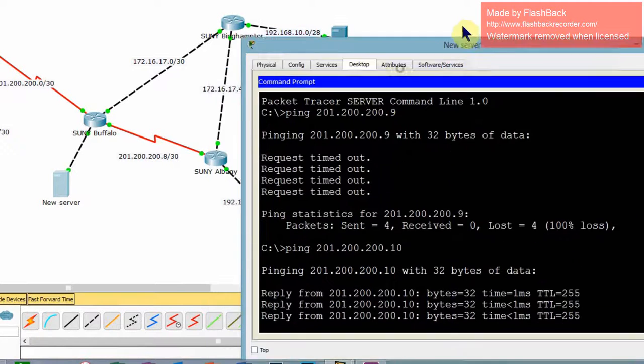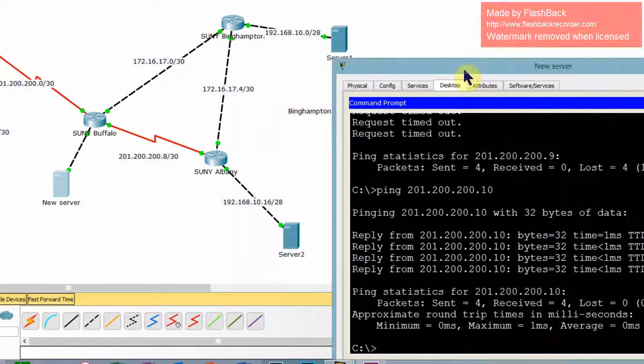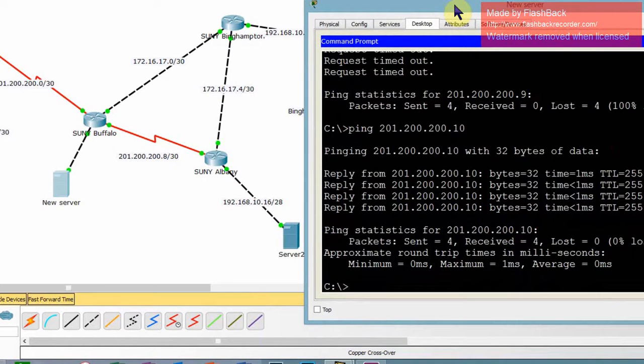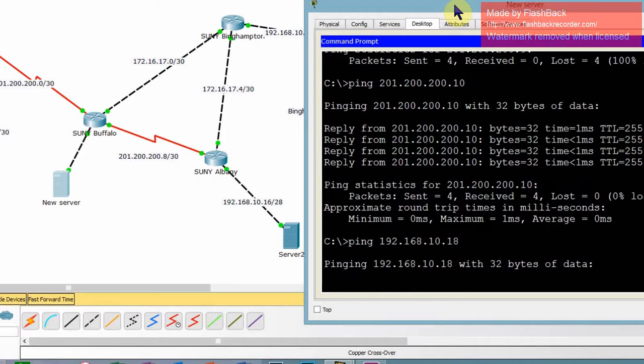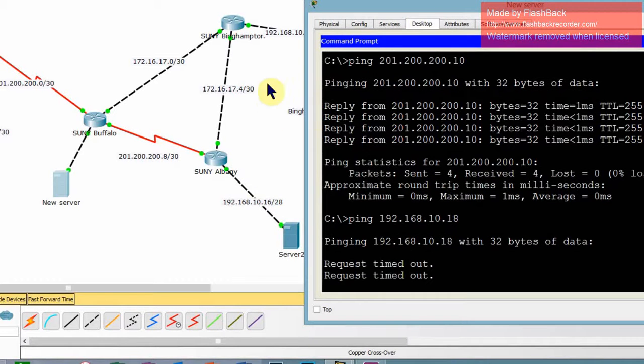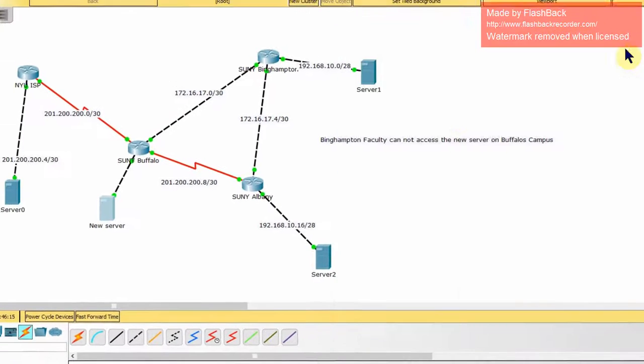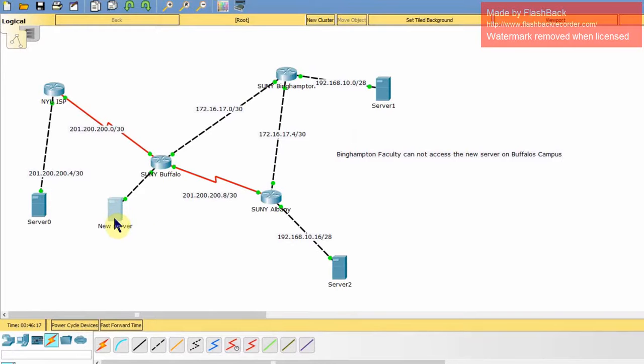This must be the 10 then. Let's see, can it ping? So I'm assuming it can't ping the other server either. Let's see. 2, 8, that's 10. I'm assuming it's 18. So it can get to its own router, it just can't get out of its own router.